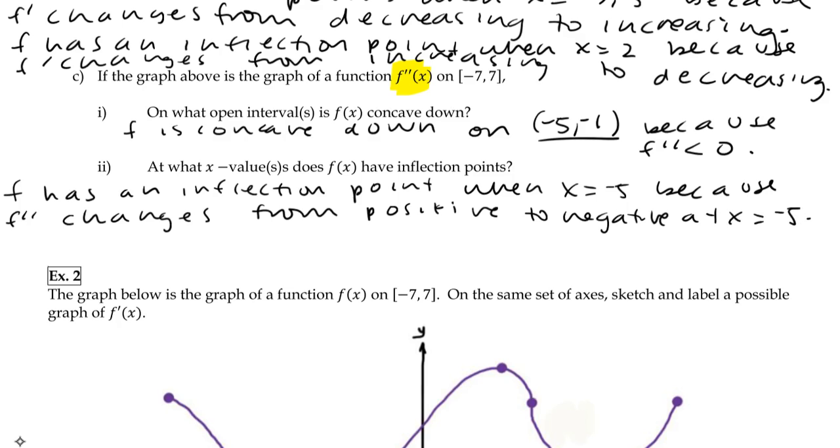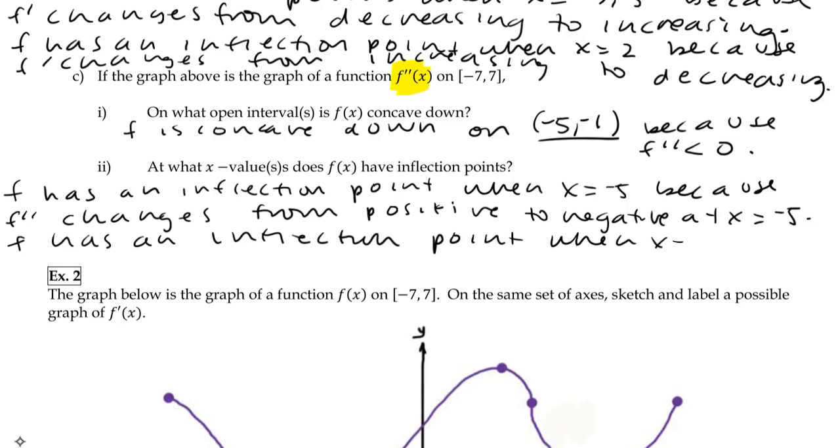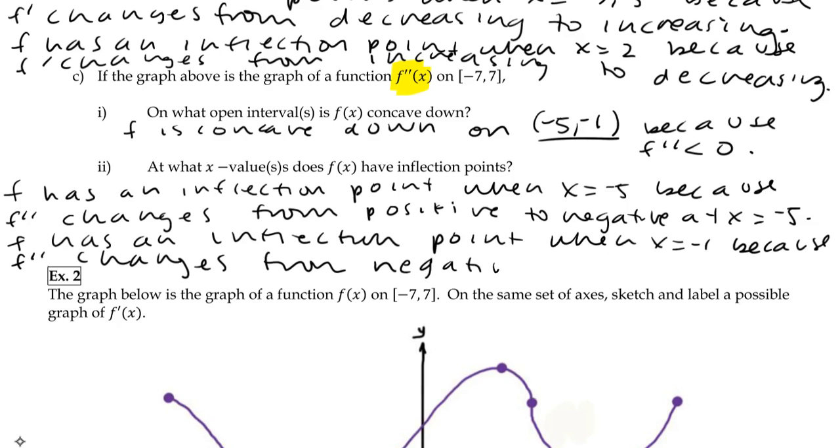And then another one is f has an inflection point when x equals -1 because f double prime changes from negative to positive. Okay, so we listed the cases. Now we are done with that.